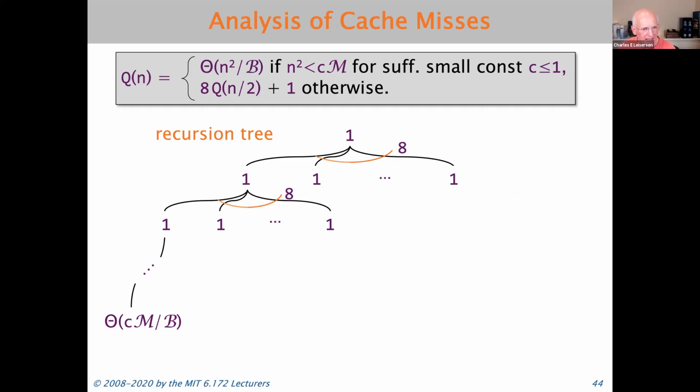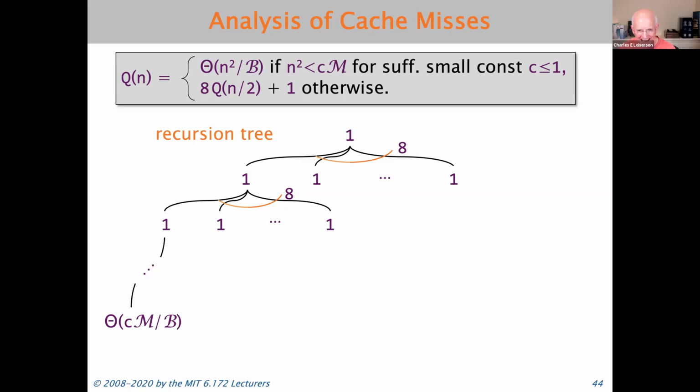And now how many levels are we doing? Well, when we hit a leaf in the recursion, n squared is approximately CM. So n is approximately the square root of CM, just as that first line in the recurrence shows. So that means the tree stops at log base 2 of the square root of CM levels before the program does.